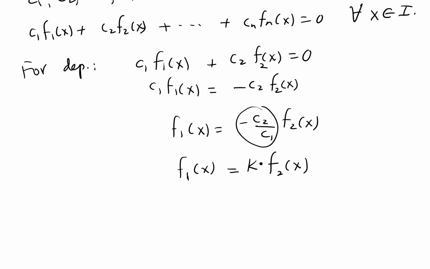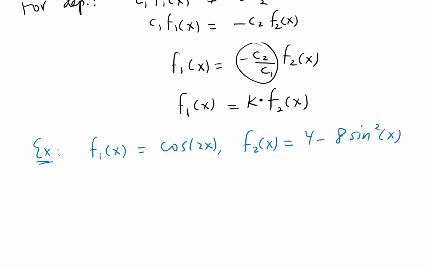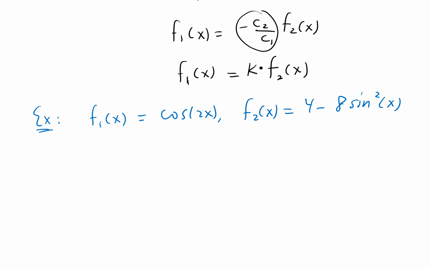So for example, let's say we have f1 of x is cosine 2x, f2 of x is 4 minus 8 sine square x. How do we check if these are linearly dependent or independent?